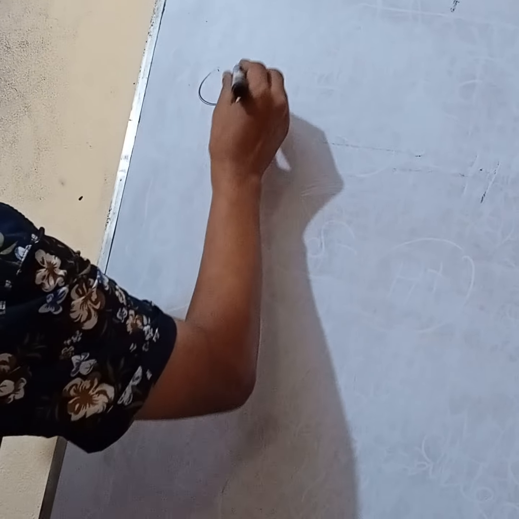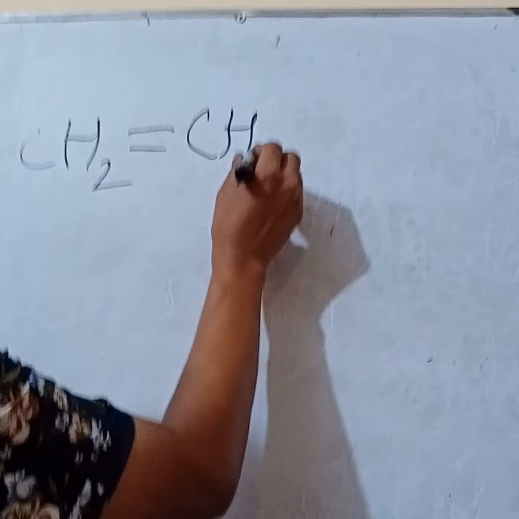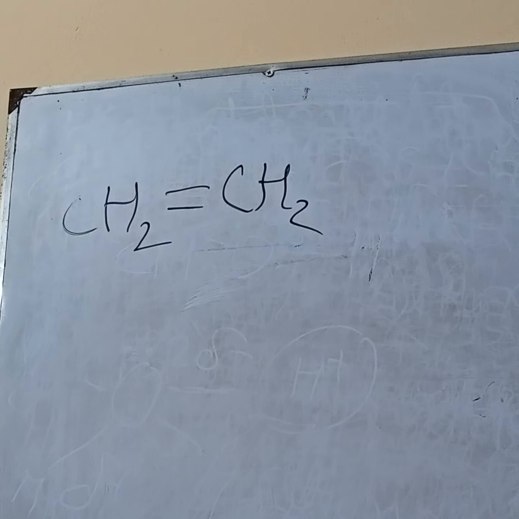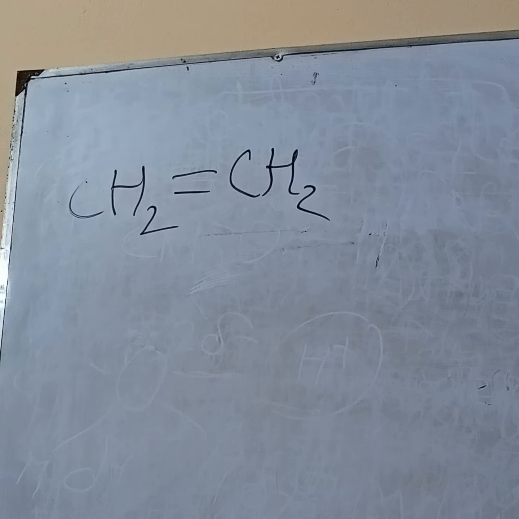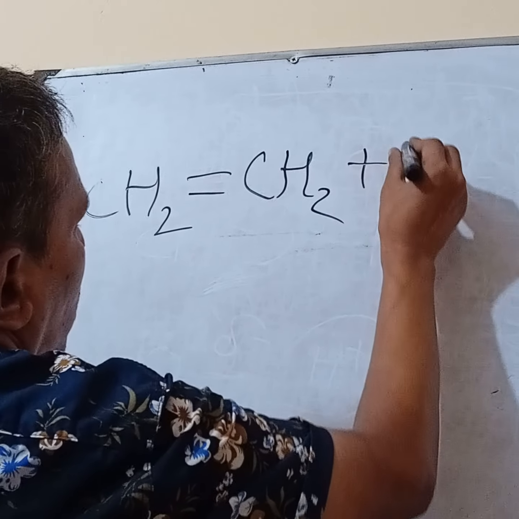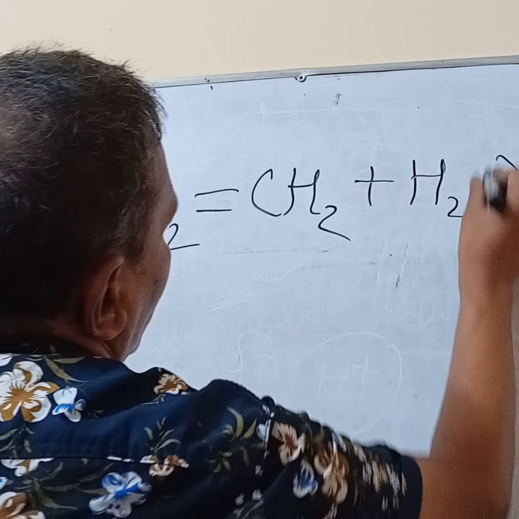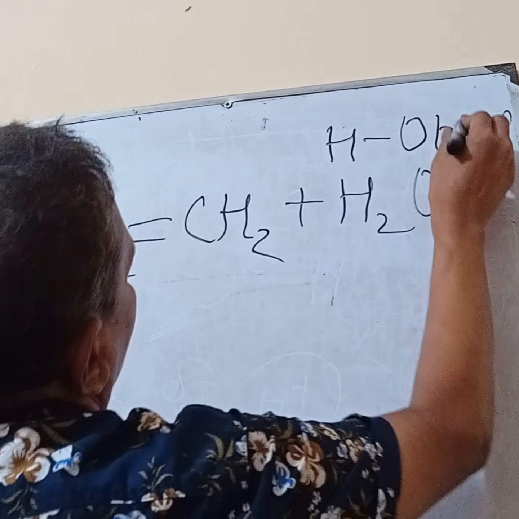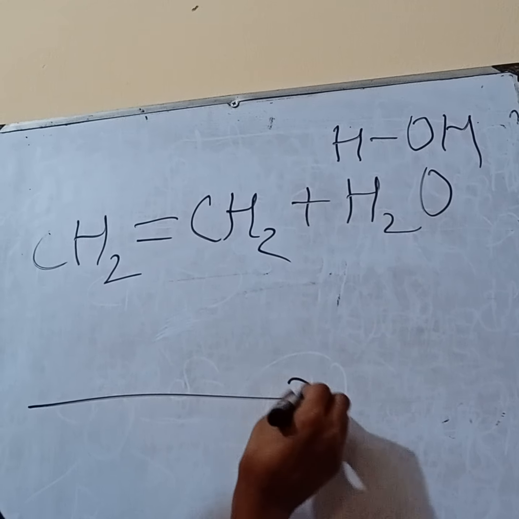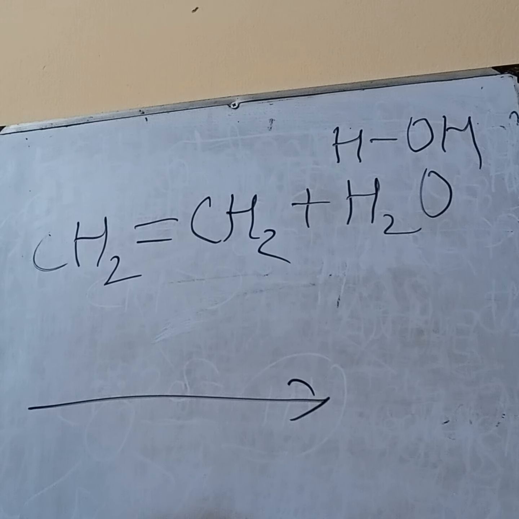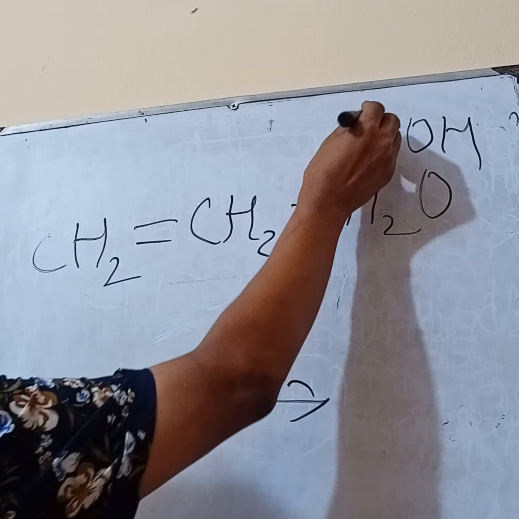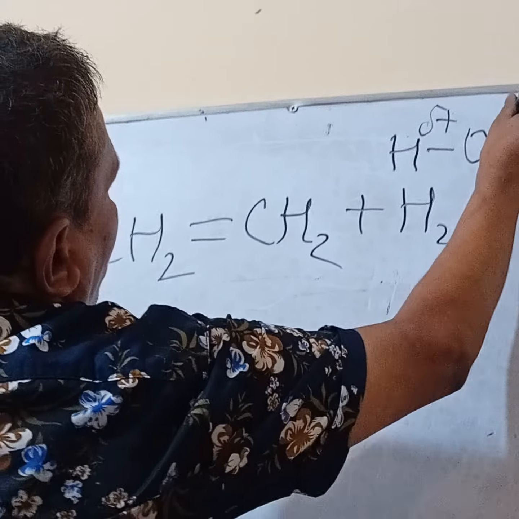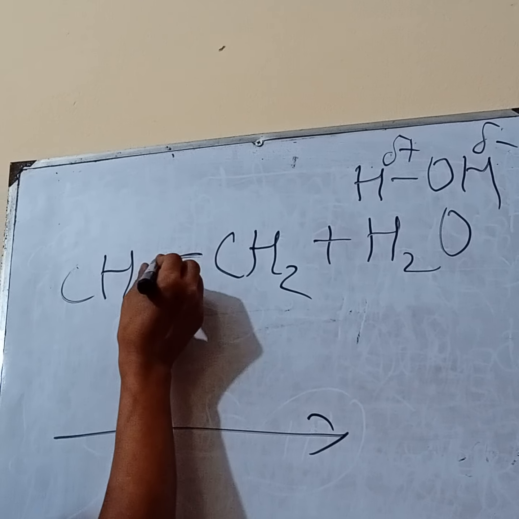Then another process to create alcohol: CH2=CH2, ethene, and H2O. I can write it divided as HOH. Then what is created? I have H plus and OH minus, H plus going to this pi bond.